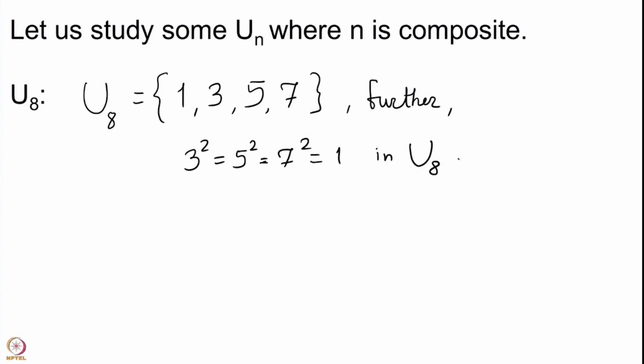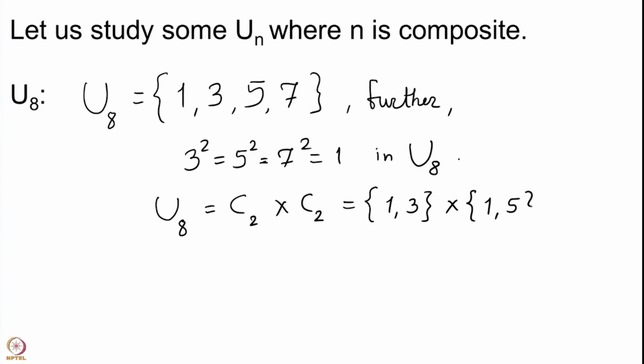Thus, although you have a group of order 4, all 3 non-trivial elements are of order 2, and so U8 is C2 cross C2. You actually have one C2 which is {1, 3}, this is the subgroup, and another C2 which is {1, 5}, and note that 5 times 3 is equal to 7 in U8.